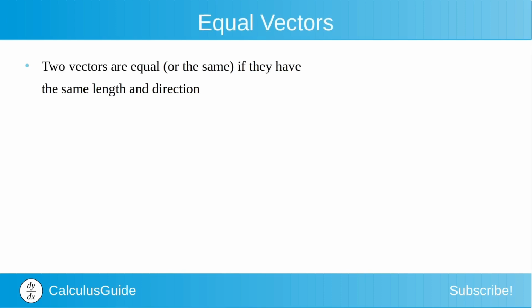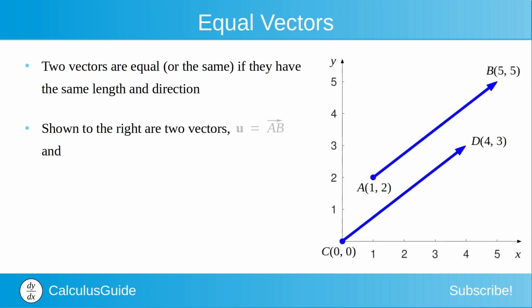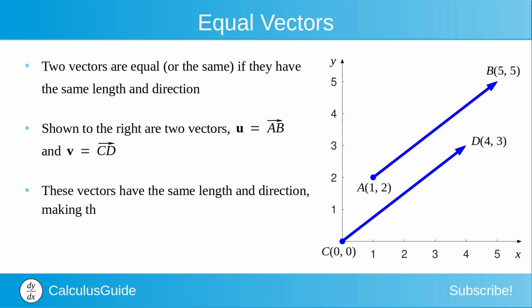Two vectors are equal, or the same, if they have the same length and direction. Shown to the right are two vectors. u is equal to AB, and v is equal to CD. These vectors have the same length and direction, making them equal vectors.